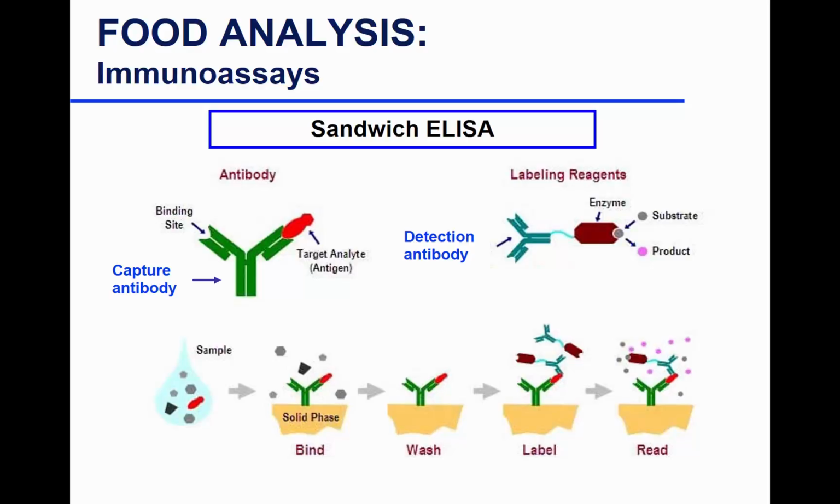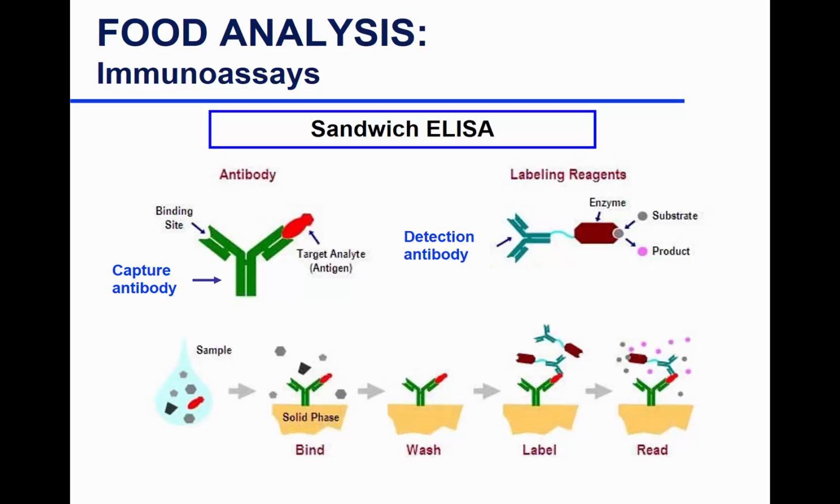Here's a sandwich ELISA. So as the name implies, sandwich ELISA is going to sandwich your antigen. So you will sandwich it between two antibodies. So the first thing you would do, you fix the antibody on a hydrophobic surface. That will be the first layer.